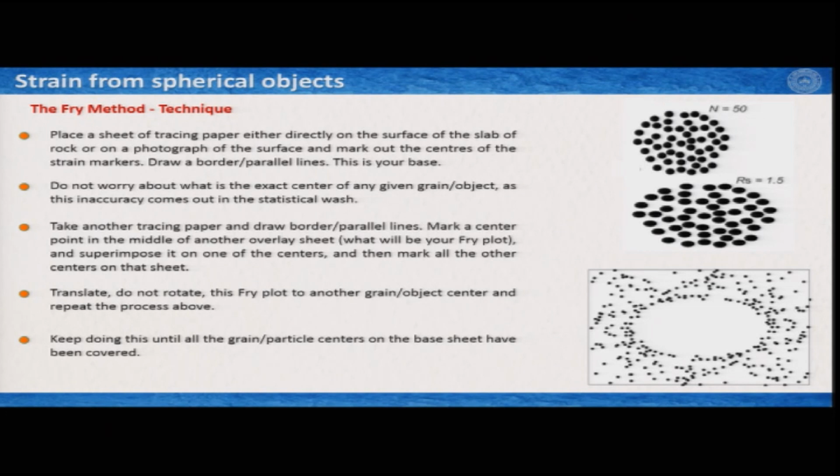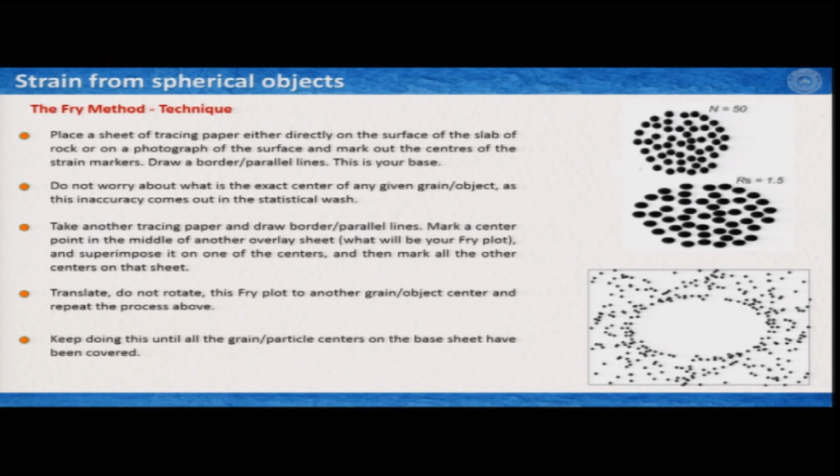First you mark the boundary of this tracing paper, a circular or square boundary, and then on that tracing paper you mark a dot somewhere, and this is the base. You do not have to worry about where you put the center or the dots, because it would be statistically done. The method is a statistical method, so it will be taken care of by itself.